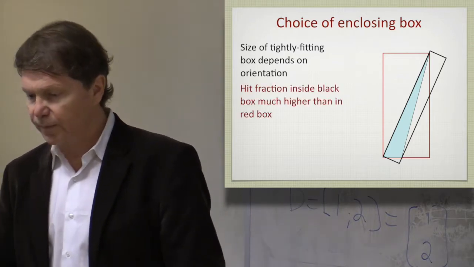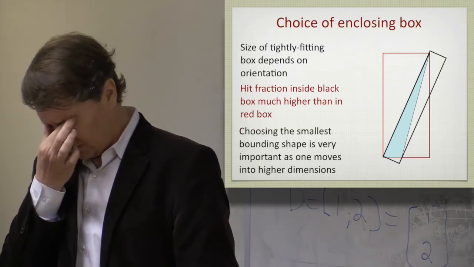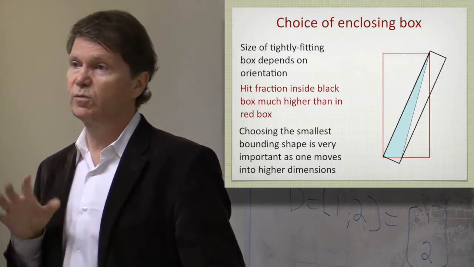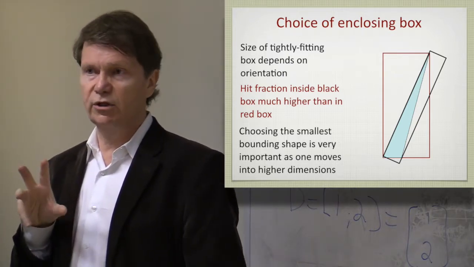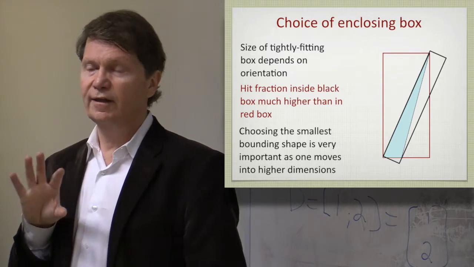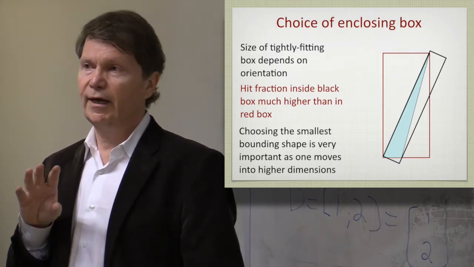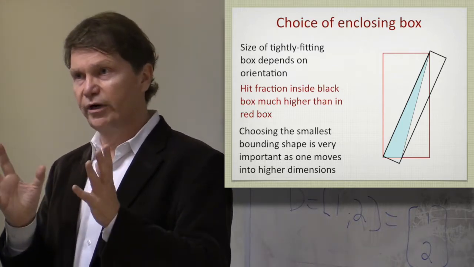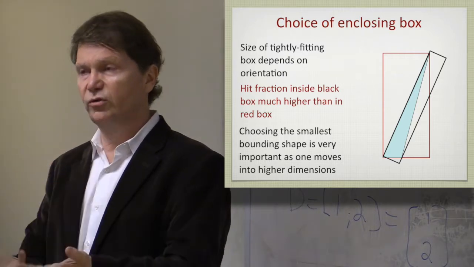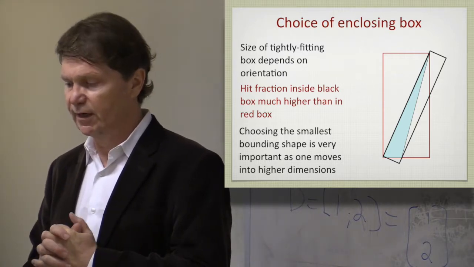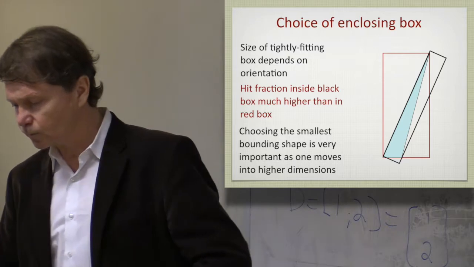Okay, so therefore, it is important to choose the smallest bounding area around these high-dimensional polytopes that allows you to sample and calculate the volume of the outer area, sample, get the fraction, and that'll get you the space and its characteristics that you like.